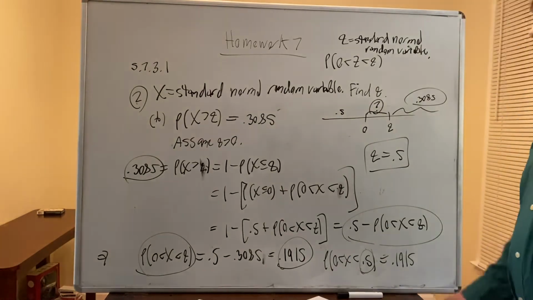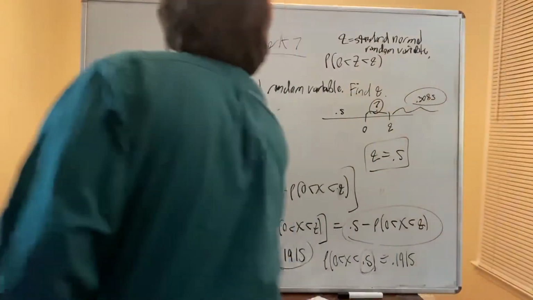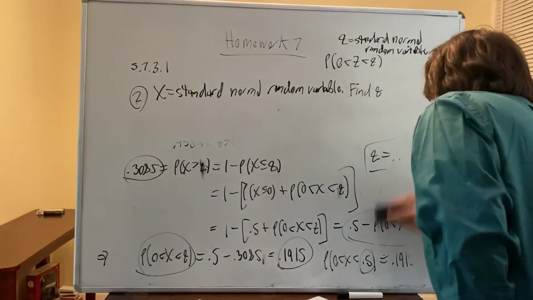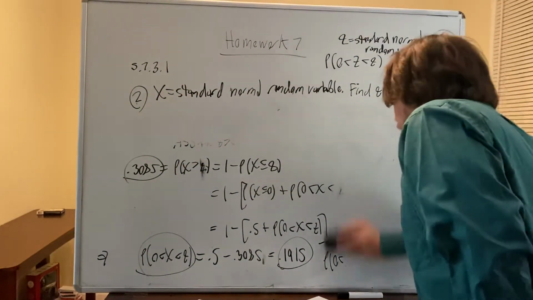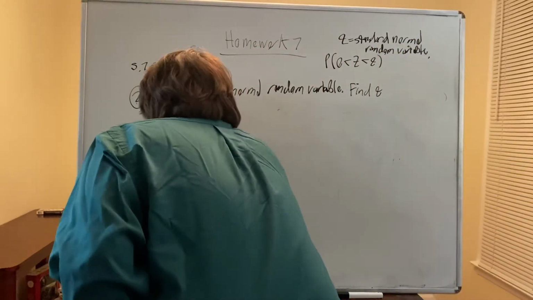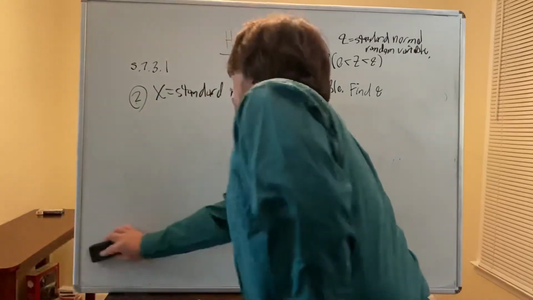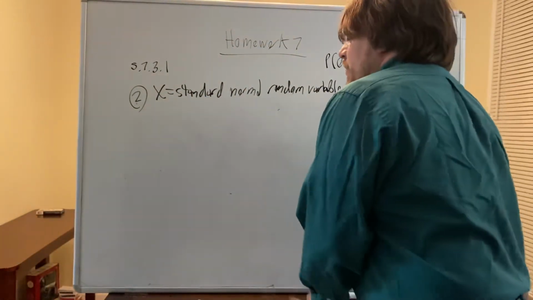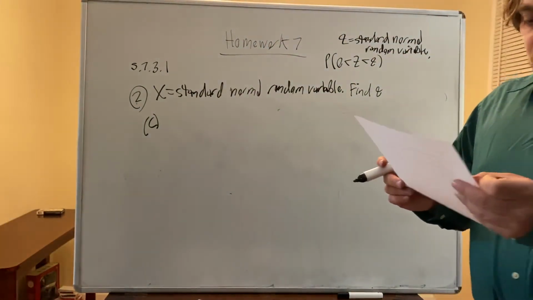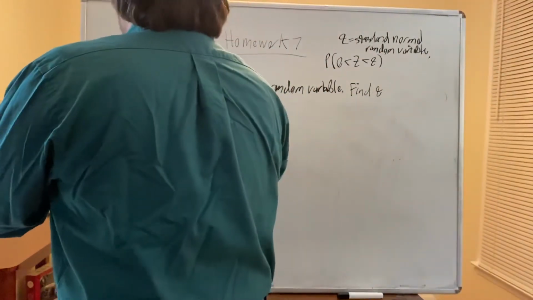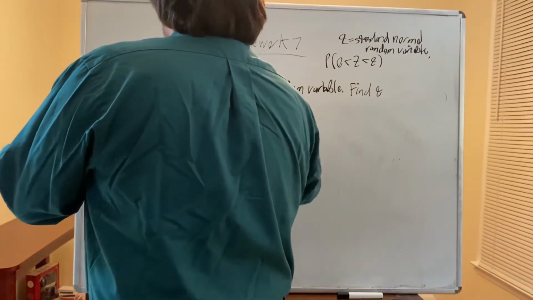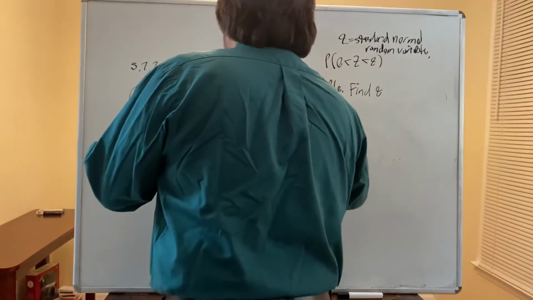Let's do part C. Okay, so for part C, we're going to find z where the probability that x is greater than z is equal to 0.5675.